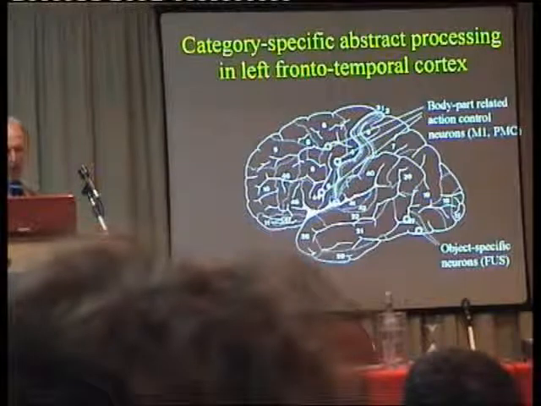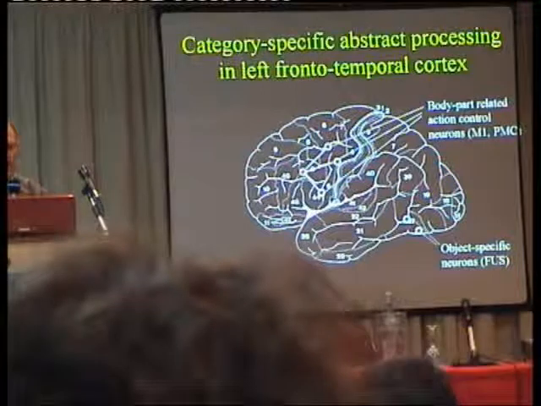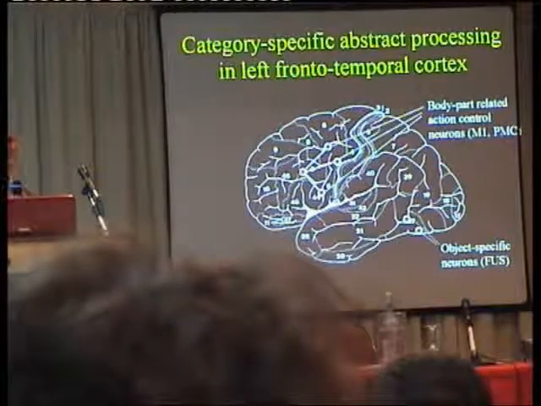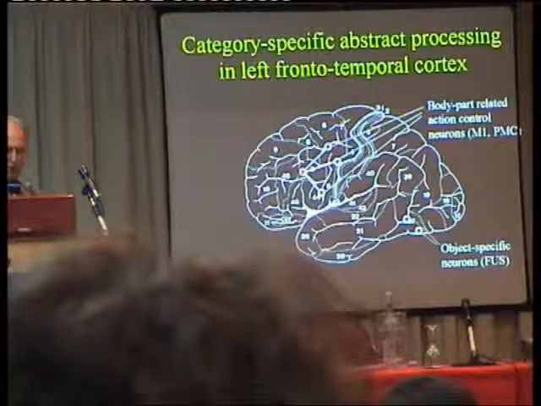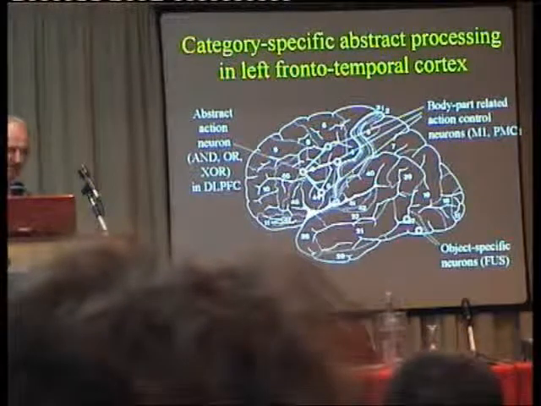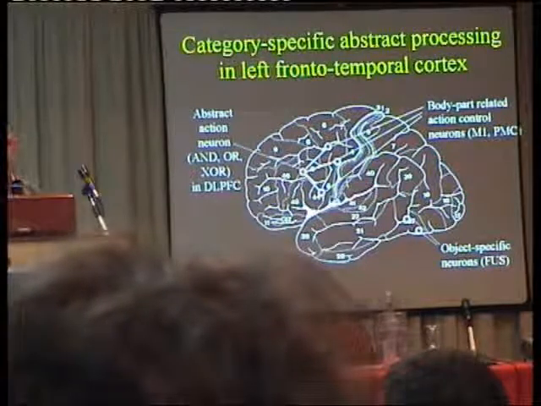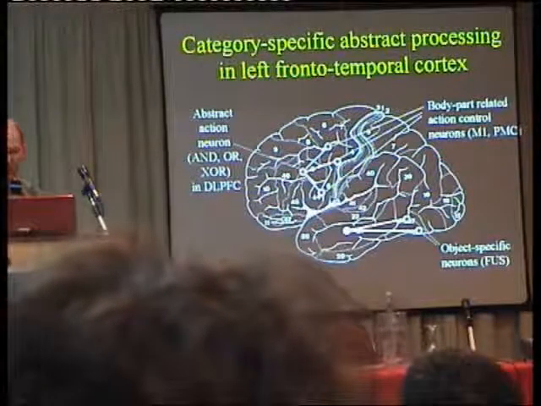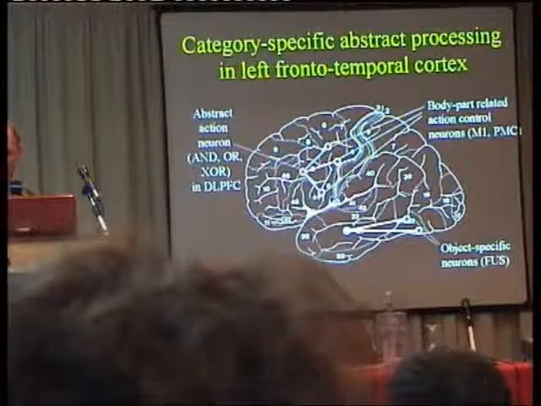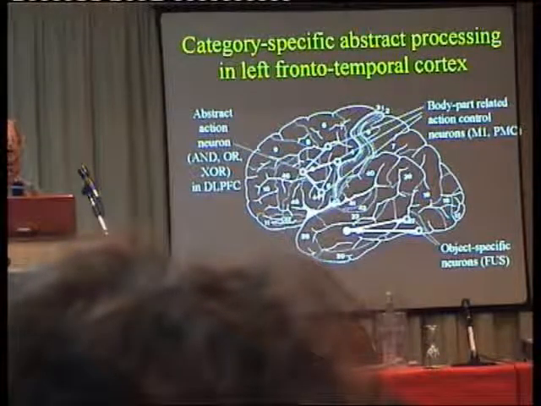So there's a large variance of individual movement, and a possible way to implement that in the brain is by an either-or neuron that sits close to these motor program neurons, and those logical operators would obviously sit very close to the action program neurons they operate on. The very same point can be made for the visual system as well, anterior to the neurons that process object features and object identity.